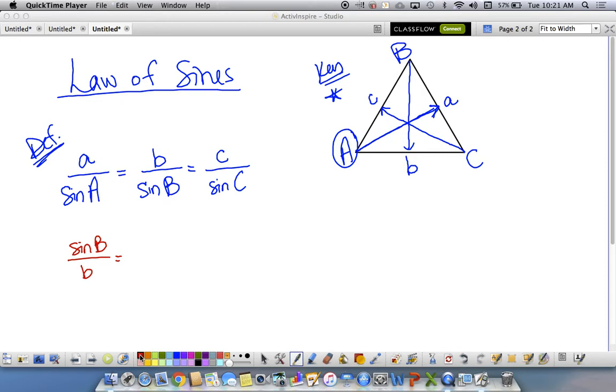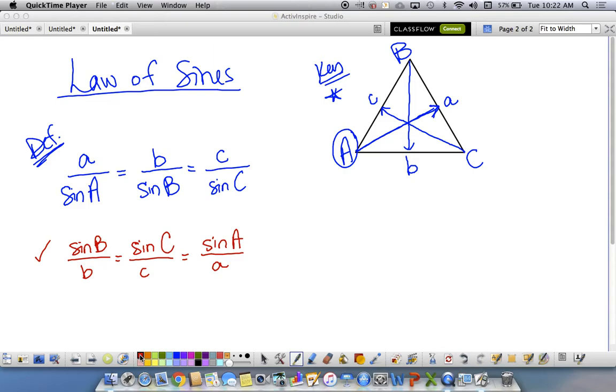Now the issue is the next time I have to put the sine of an angle on top. So my order has to stay the same, but I can flip one, flip the other. Could I say sine A over a? Still a true proportion. That is the law of sines.